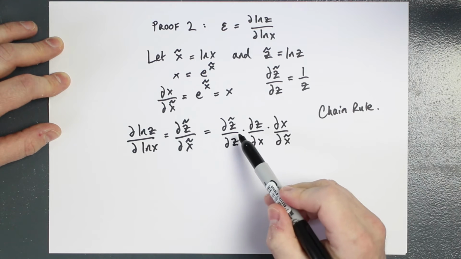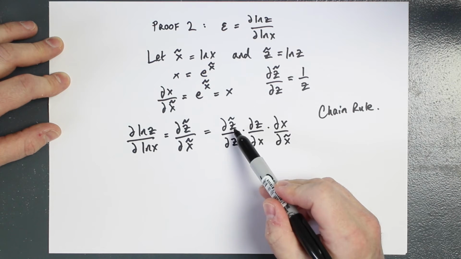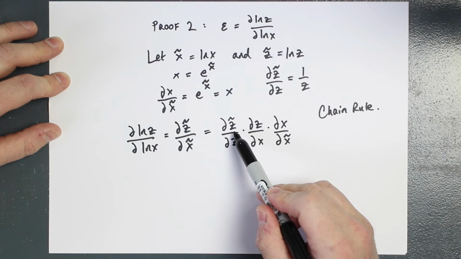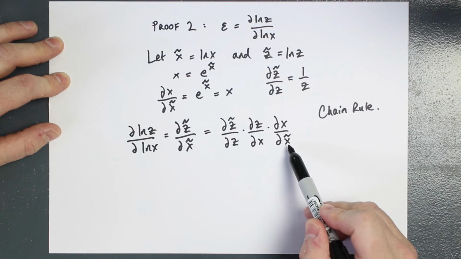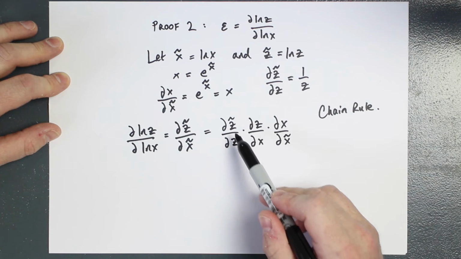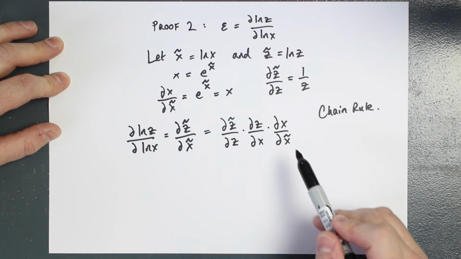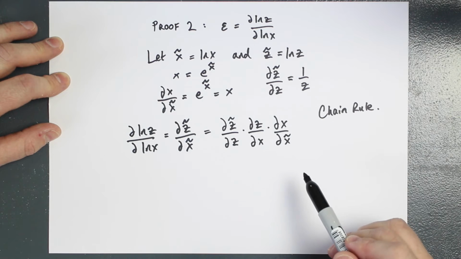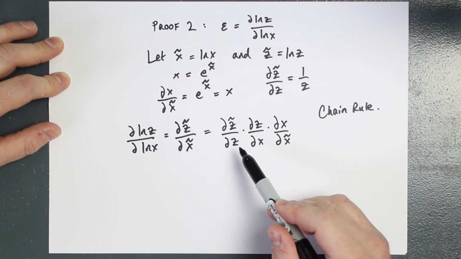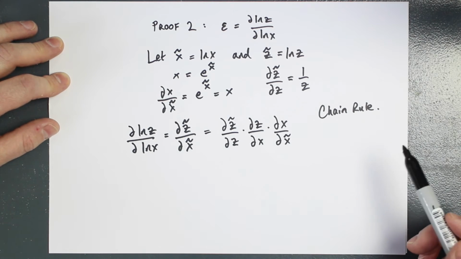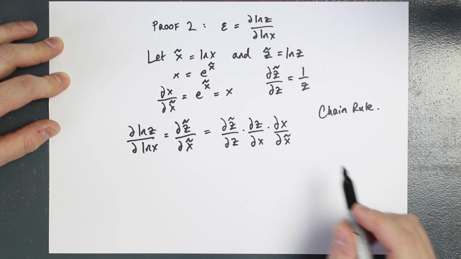Okay, now you can see the chain here. Essentially, I want to partially differentiate z tilde with respect to x tilde. So I've gone, well, how does z tilde change with z? How does z change with x? And how does x change with x tilde? Okay, and you can form very long chains using the chain rule.